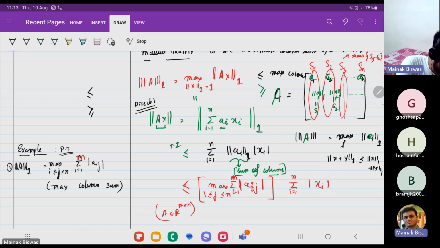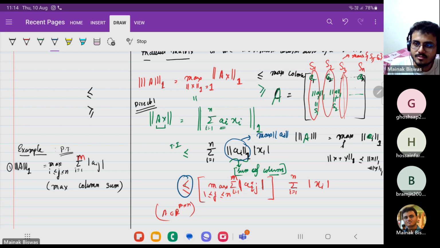So do you see that you have all these a_i's, the one norm of the a_i's, correct? I'm giving you the cues. So if I replace each of them by the maximum of the a_i norms, do you see I will get an inequality? Yes, these are all positive numbers. I'm going to replace all of them by the maximum of them, which is a constant, which I can pull outside. So what is the sum of |x_i|? Is it equal to 1?